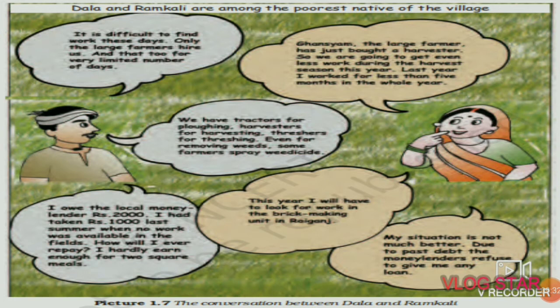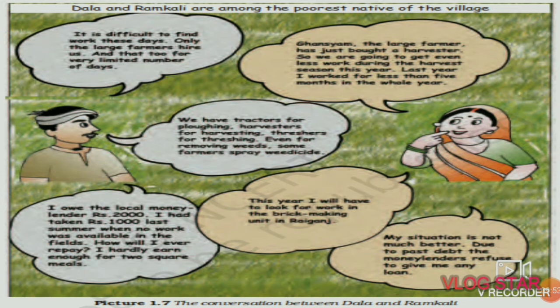So you see here the situation of Dala and Ramkali, due to the coming of modern methods that have replaced the workers, and these small or landless farmers have to somehow find a job in some other places.